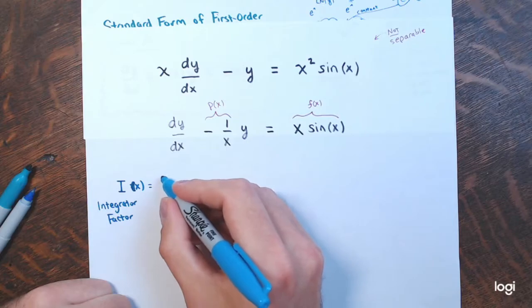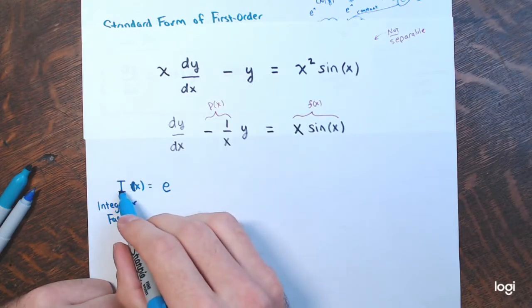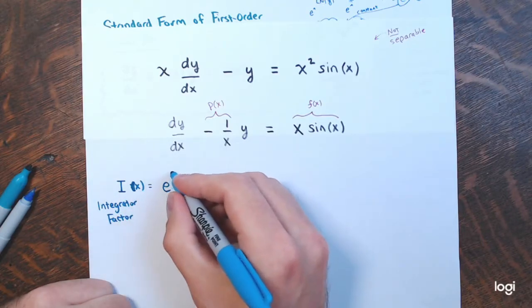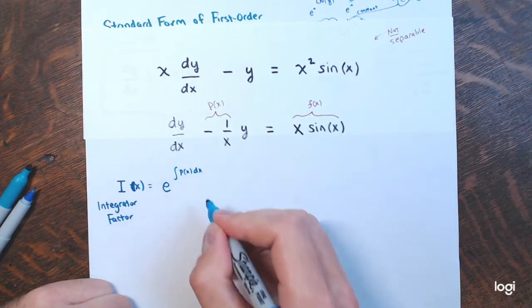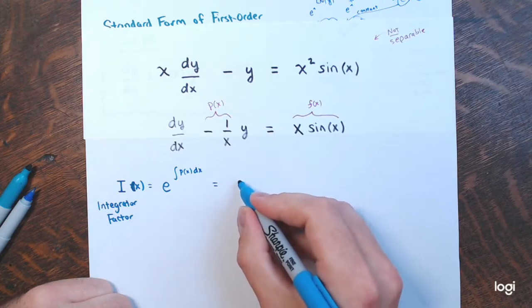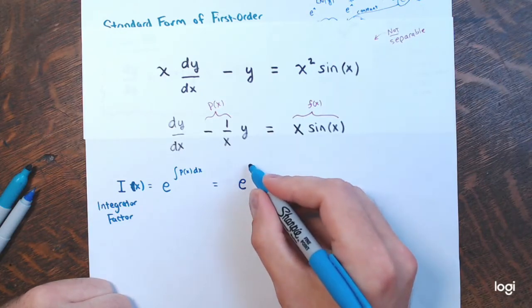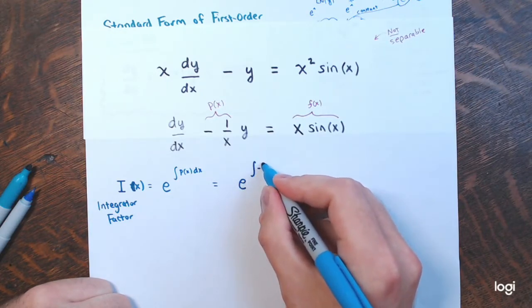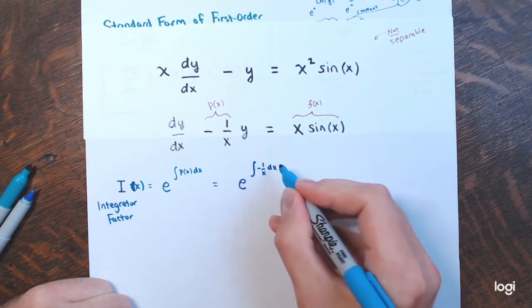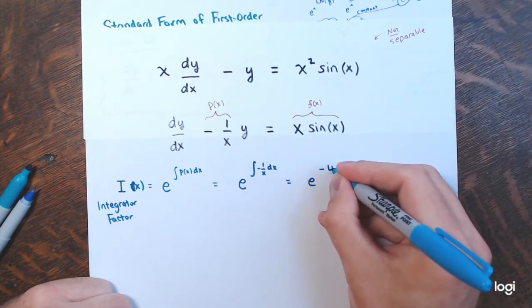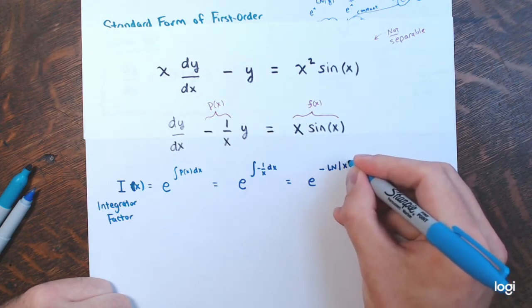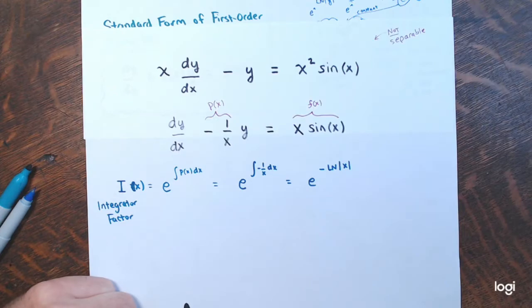And this is e raised to the integral of p of x dx. So in this particular example, it's e raised to the integral of negative 1 over x dx, which is e to the negative natural log of the absolute value of x, and don't worry about the plus constant. For this integrating factor, we're just going to use the basic antiderivative.